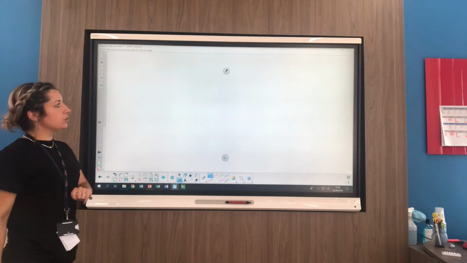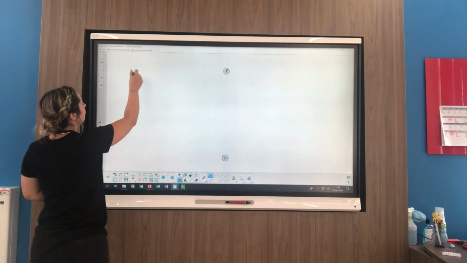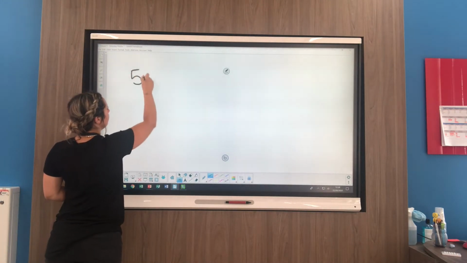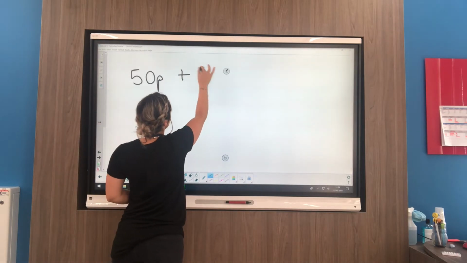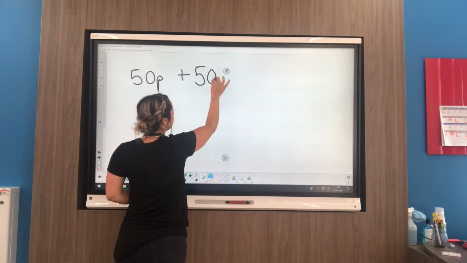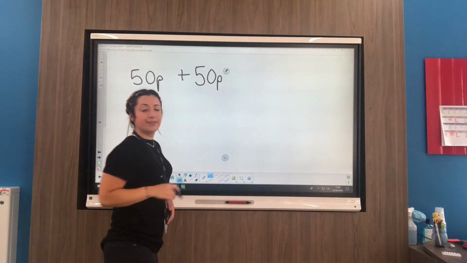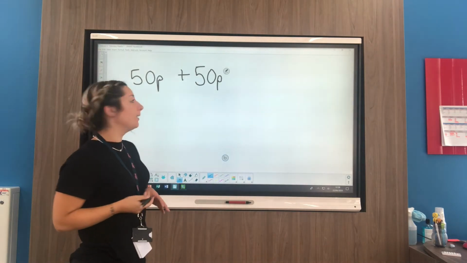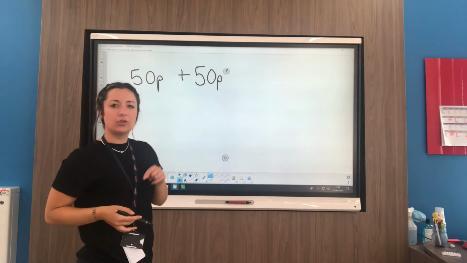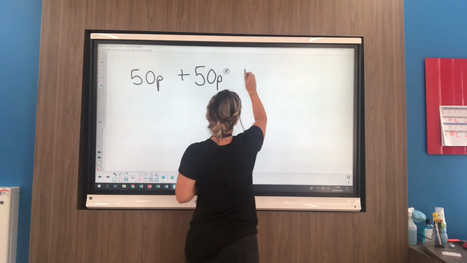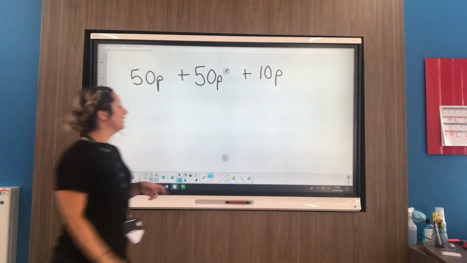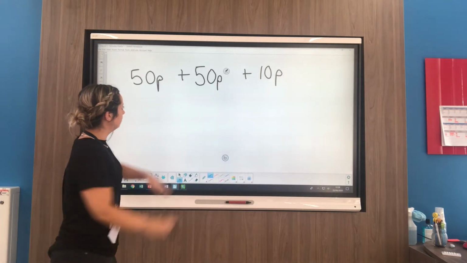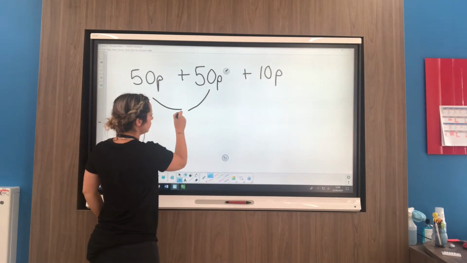Now we're going to mix it up a little bit more. We're going to have a 50p. And we're going to add another 50p, which we've just done. And we know that that was 100, which was £1. But I'm going to add another coin in now. Okay, 50 add 50, well that equals 100.